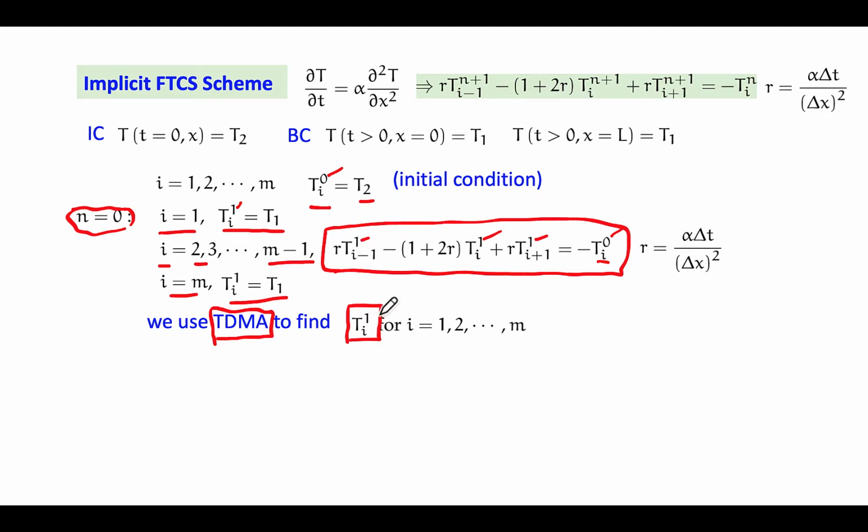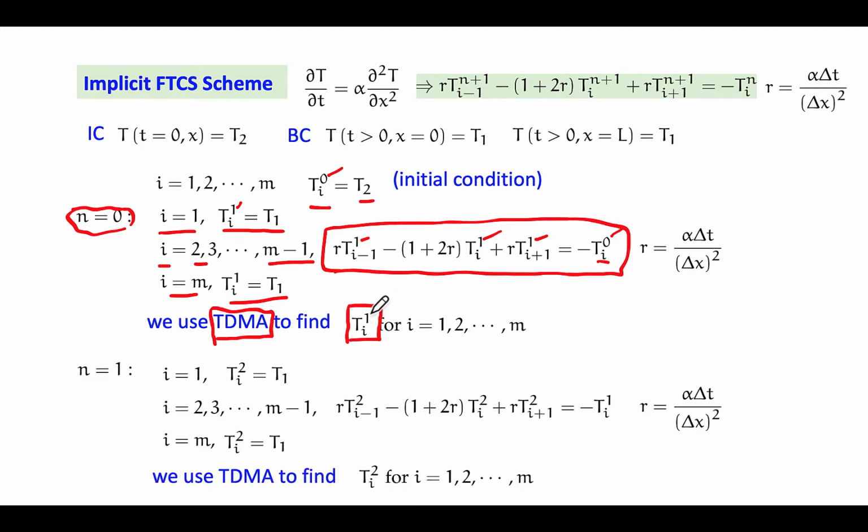So once we have this Ti at time level 1, we can use this as our known information, and I wish to find what would be the Ti at time level 2. So I come down to n equal to 1. That is my old information.